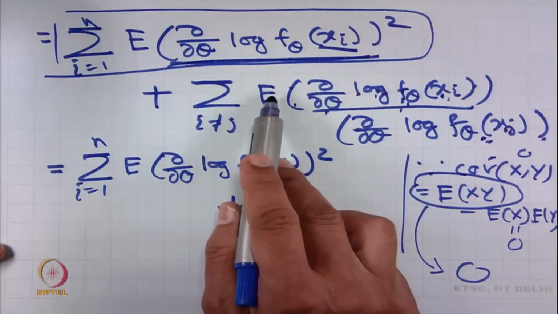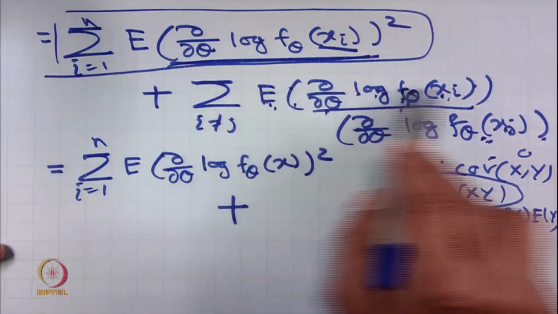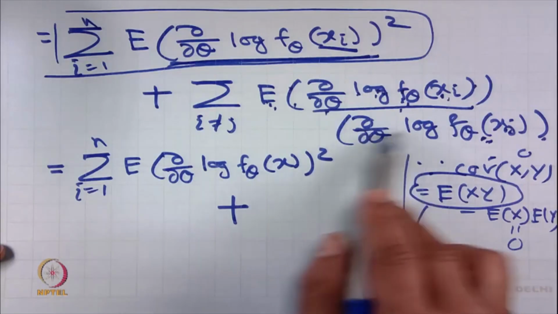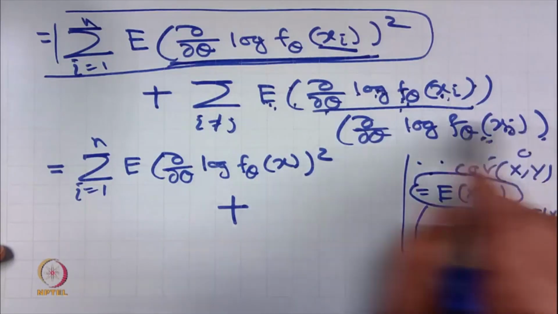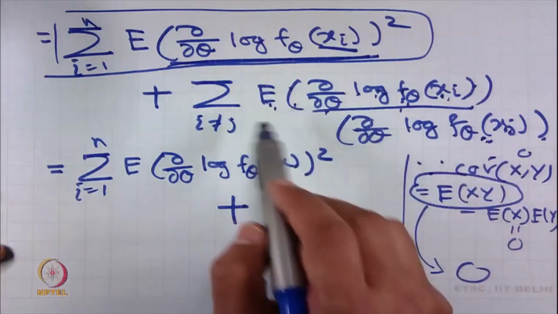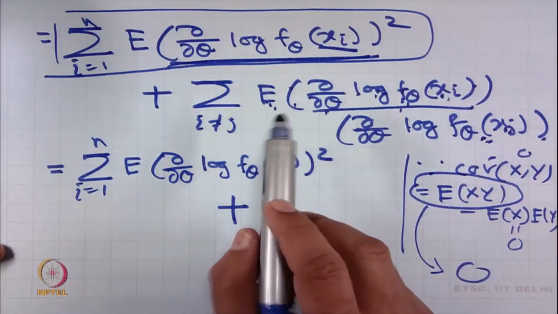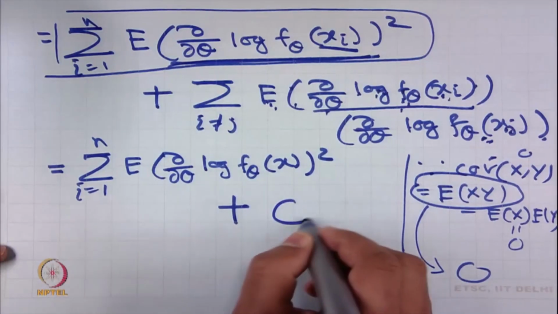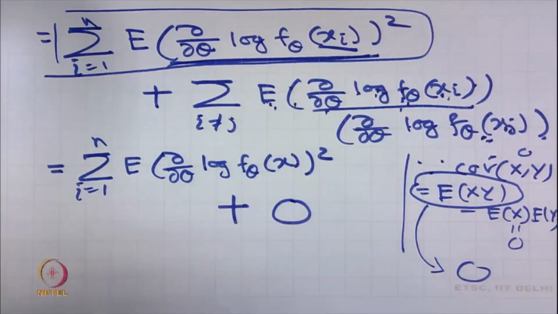In other words, expected value of del del theta log f x i multiplied by del del theta log f of x j is going to be 0 for each pair i, j, i not equal to j. Therefore, I make it 0. I hope that you understood the logic.